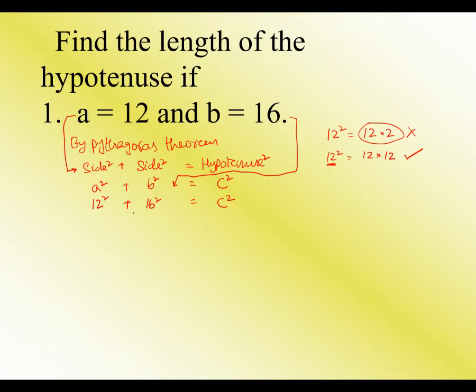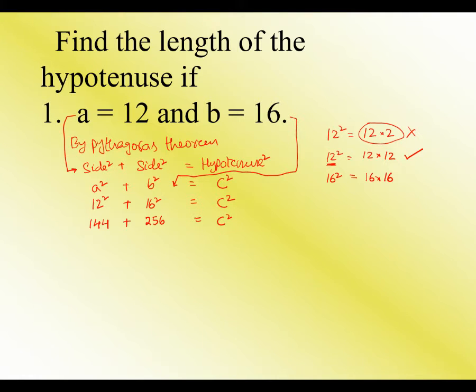So 12 times 12 gives me 144, plus 16 square. As I told you before, 16 square is not 16 times 2, it is 16 times 16. So what is 16 times 16? That gives you 256. 256 equals c square.